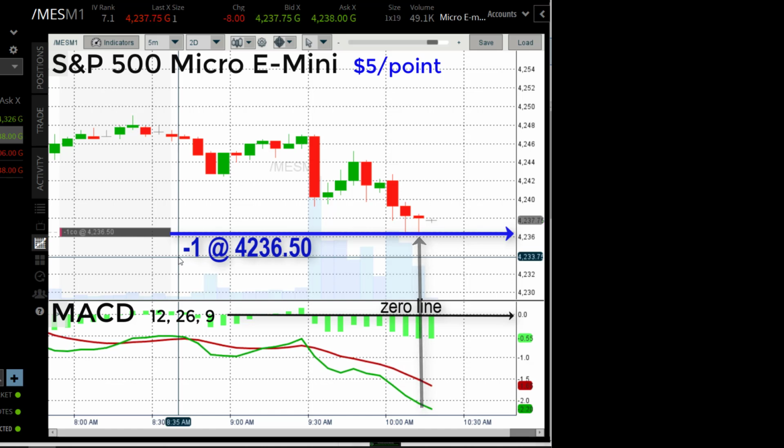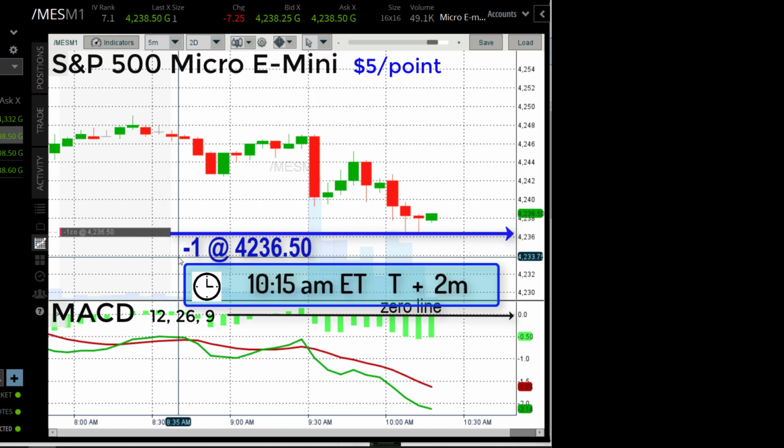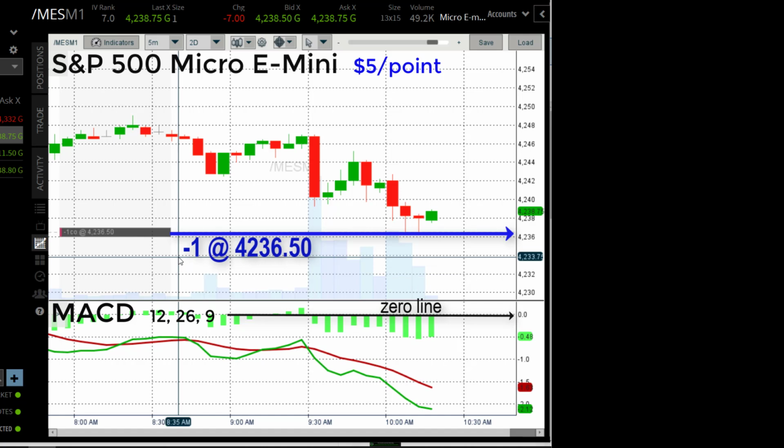That's the time we entered the trade. And we're trading at 42.38.50. That's $10 down on the trade.